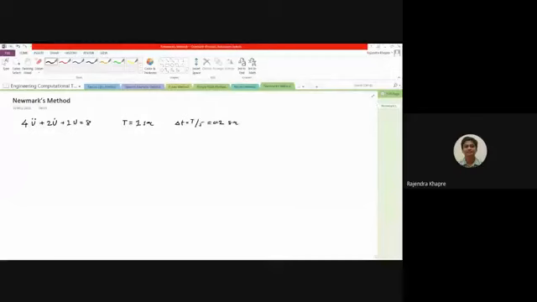In this particular problem, since this is a Newmark method, the values of alpha and delta are given to you.